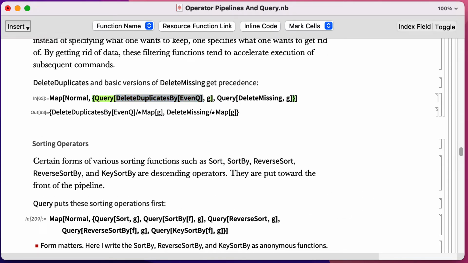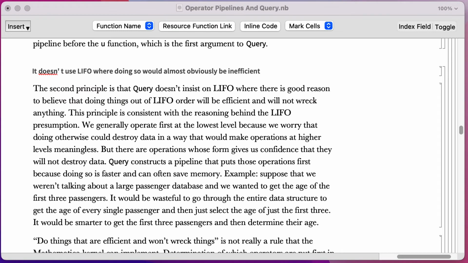Well, Wolfram language is maybe just like law. There are always exceptions, and an exception to the LIFO principle is where it really doesn't make sense to order the operations in a LIFO way. Suppose, for example, we had some huge passenger database, and we want to get the age of the first 3 passengers.